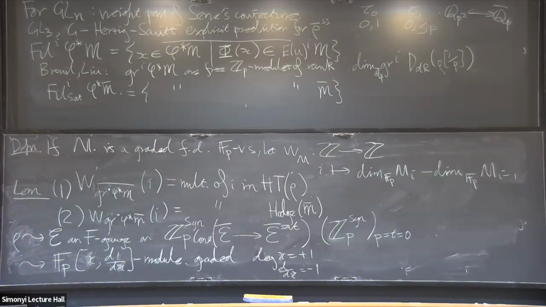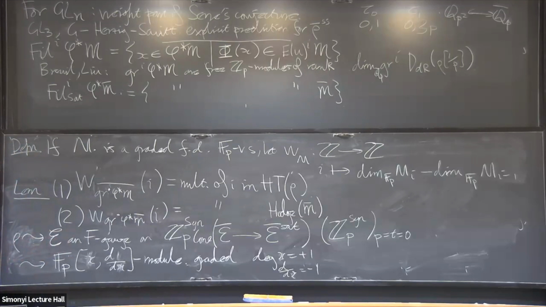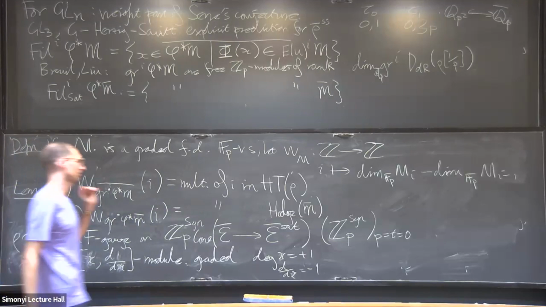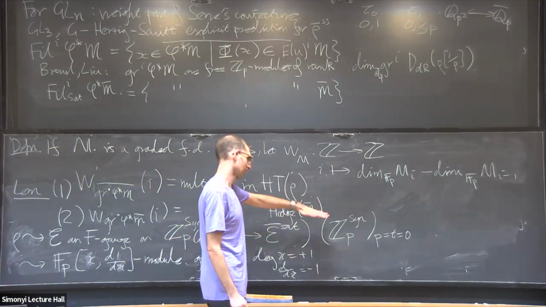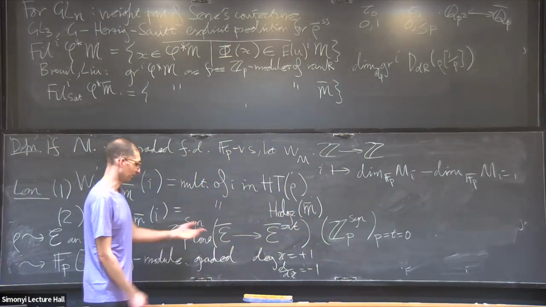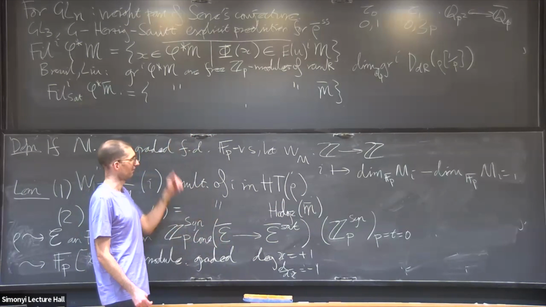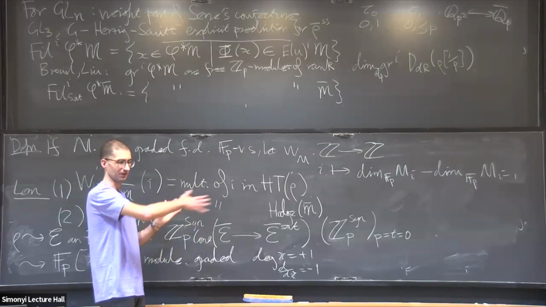So from rho, you can construct this E, which is a coherent sheaf on this Zp sin stack. What is the E bar in the E bar stack? Sorry, yeah. The E bar is just tensoring with F_p, and this is the operation that replaces the filtration we had here by the saturation.